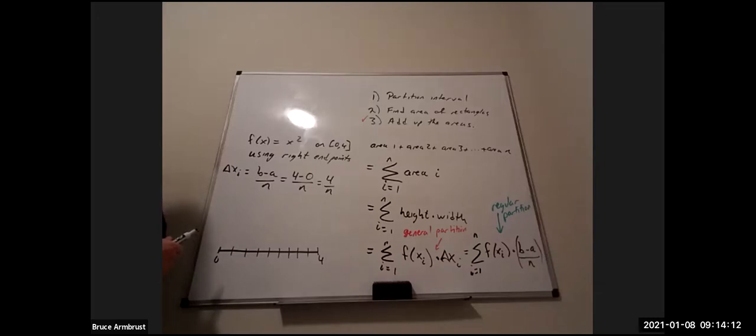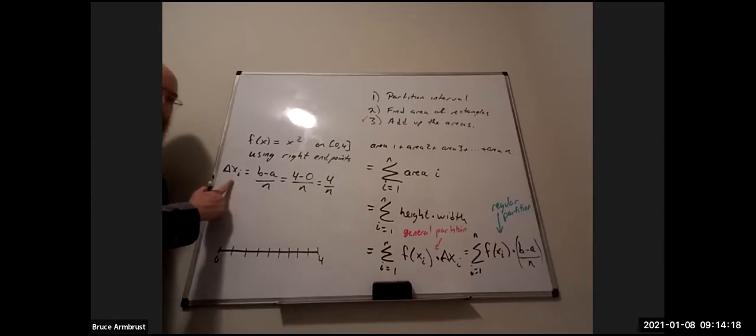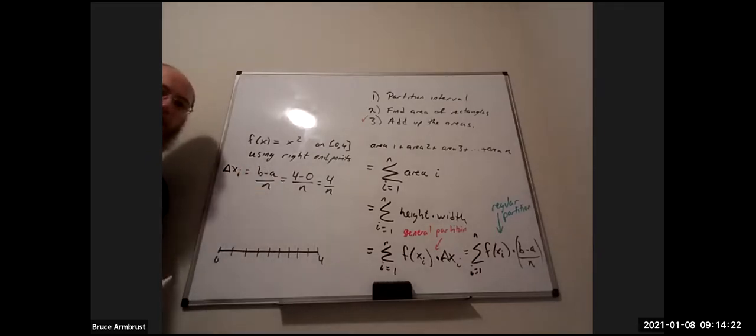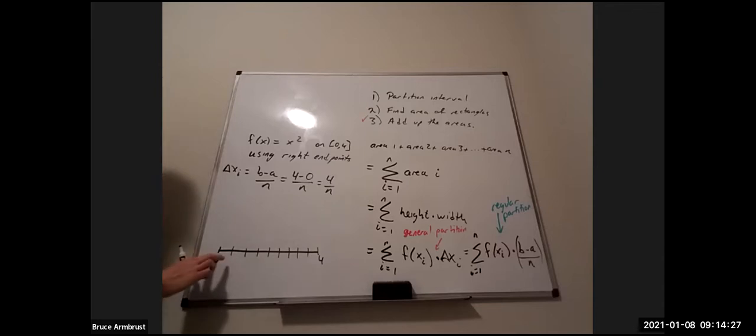All right, so it's not 1, but it is 4 over n. Remember what we just calculated? This guy, delta x? That was the width of each of these intervals if we're nice and regular. So that means we have to go from 0 to 4 over n. Okay, so this guy is 4 over n.